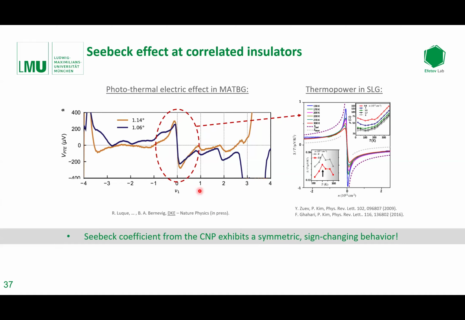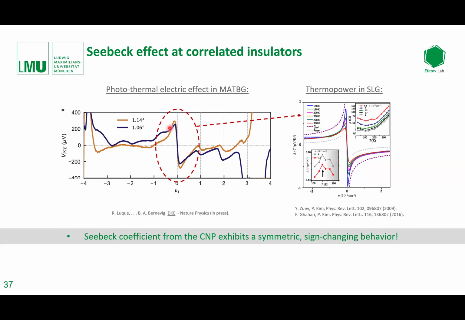Okay, and so basically, long story short, and I will make it short now, what we have seen in our Seebeck measurements is that the filling factor 0 states, as I have just presented the spectral functions thereof, are highlighted by this sort of S-shaped sign-changing behavior, which is symmetric on the electron and hole sides. This is exactly what we would obtain from single layer graphene if we would move from the electron to hole sides of the Dirac cone.